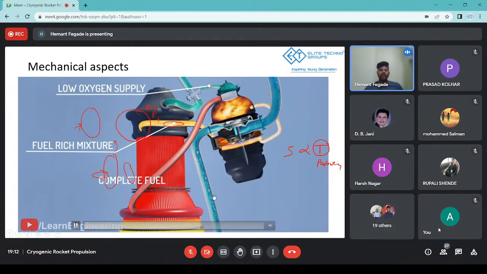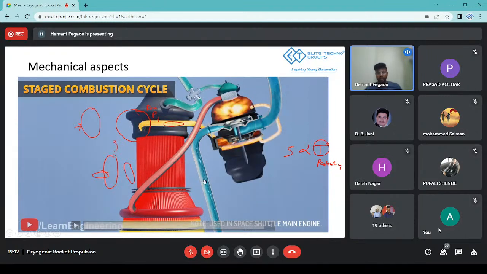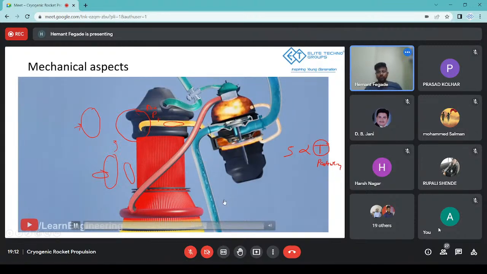And this is the second cycle. I think it is called the staged combustion cycle. Basically, you are burning the fuel in two stages, one here and one there. And you are not losing fuel, you are completely using it. Apart from this, these are the two cycles that are currently being used.